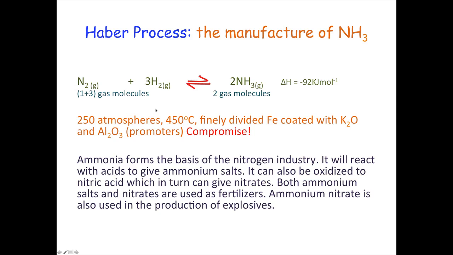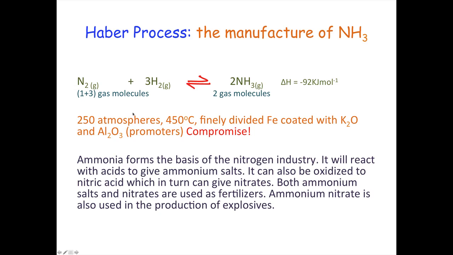But why is it that somebody else who's building the next plant doesn't say, well, hey, if 250 atmospheres gives me 90%, let's use 500 atmospheres, so we get an even higher yield? Why do all these Haber process production plants always stick around 250 atmospheres?